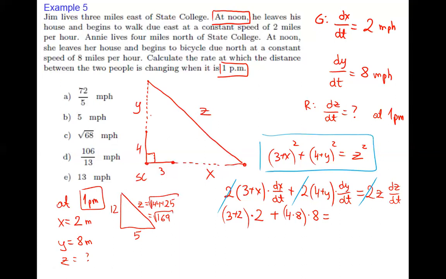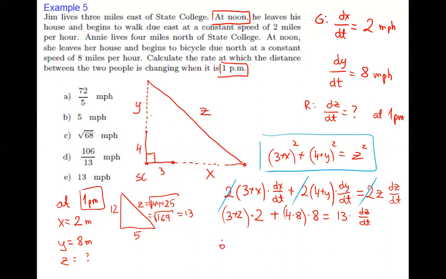Or maybe I'm wrong. Oh, what is 13 times 13? I think it's correct. So 13 dz/dt.